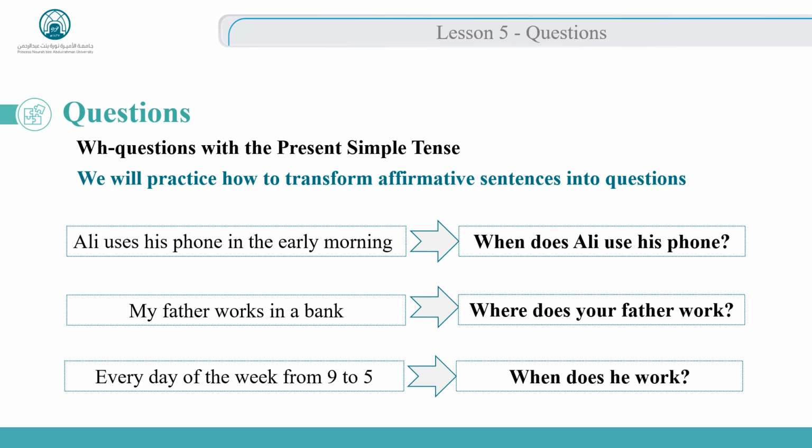We started with this WH word, when, and then the auxiliary, does, and the subject, he, then the main verb, work. So let's recap. The structure of the WH question will be first the WH word, then the auxiliary, then the subject, the main verb, and we can complete with the rest of the sentence.